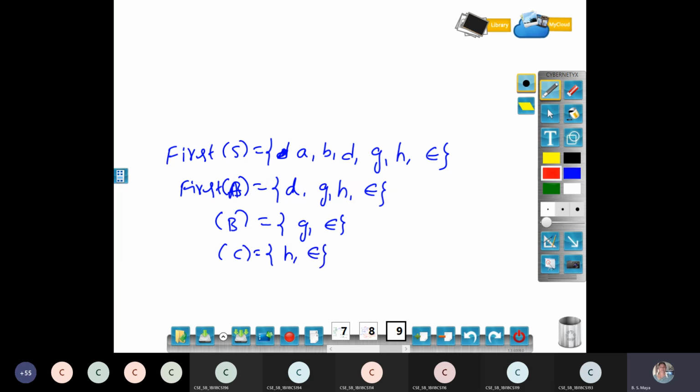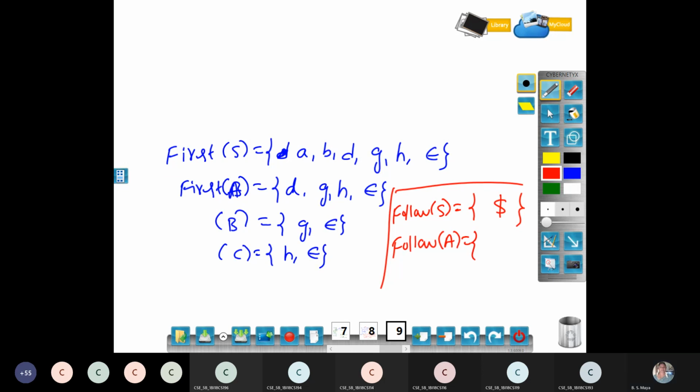Okay. Then I will write the follow set. Anybody did the follow set? Anyone can answer. What is the follow set of S? Follow set of A. Any answer? Follow set of A? H, G and dollar, ma'am.